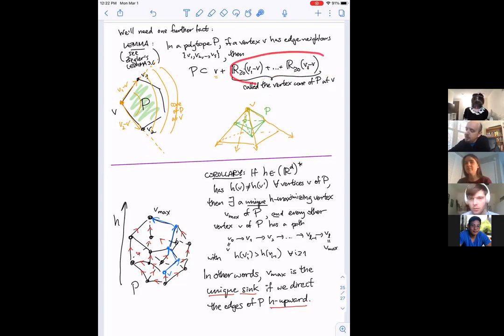Our cones usually have their point at the origin, but now we translated it so that the cone starts at V and then it contains P. Here is the example I hadn't drawn before with this octahedron. If I take that top vertex V and look at this vertex cone, I get a square-based cone, a cone whose cross-section is a square, and it contains the entire octahedron within it.